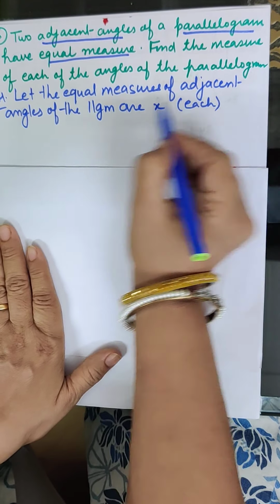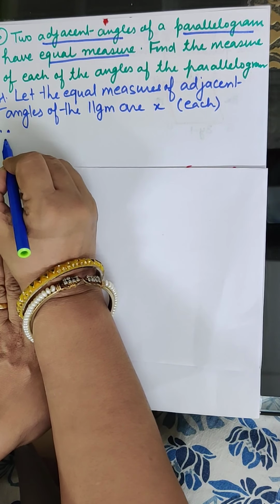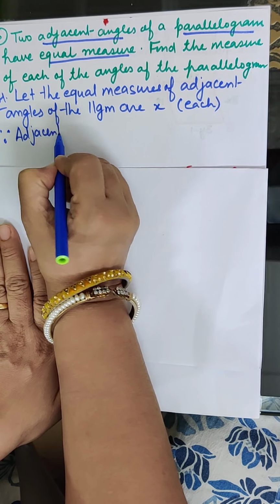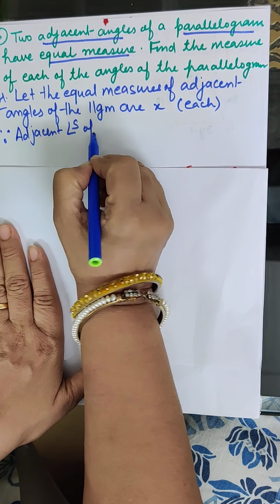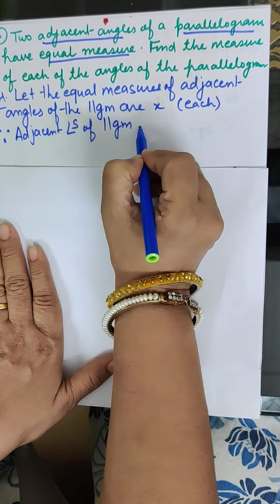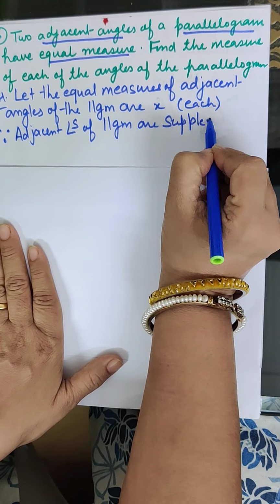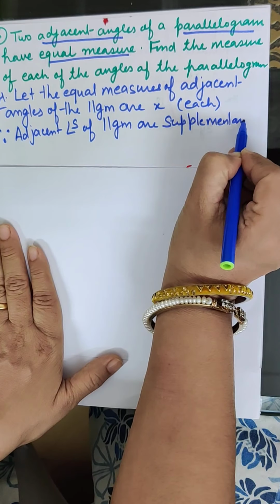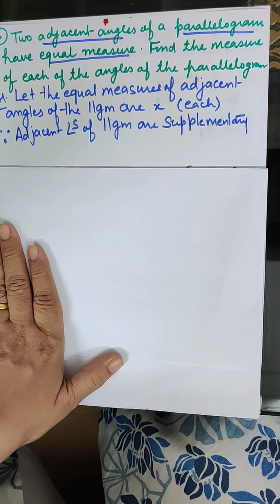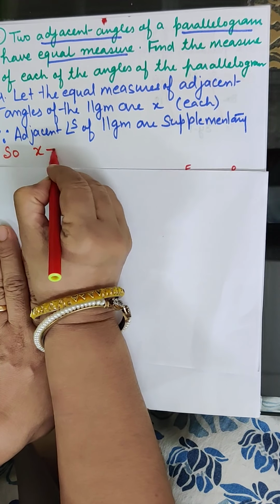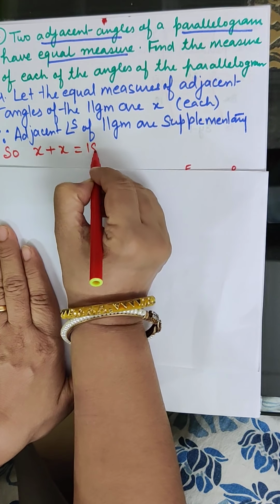Okay, and we know that since adjacent angles of a parallelogram are supplementary, x plus x is equal to 180 degrees.